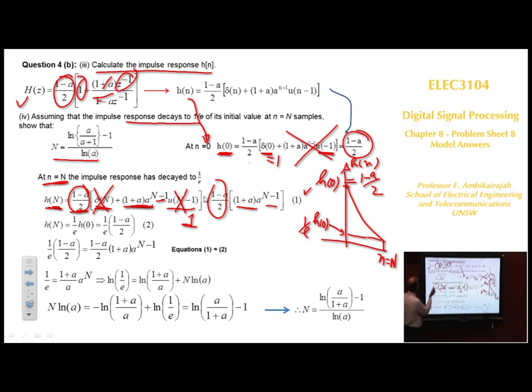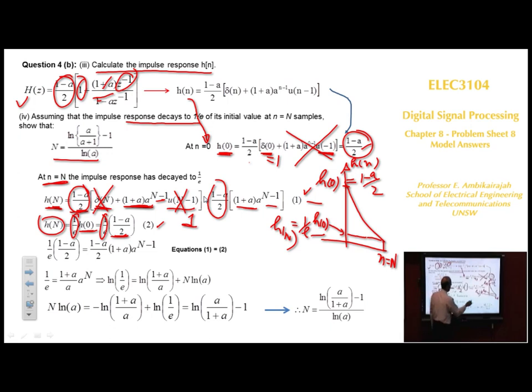We know, according to the question, h[N] is equal to 1 over e times h0, and h0 is 1 minus a over 2, which we calculated. So equation 2 and equation 1 are exactly the same.